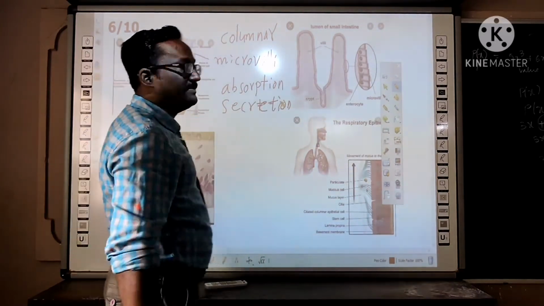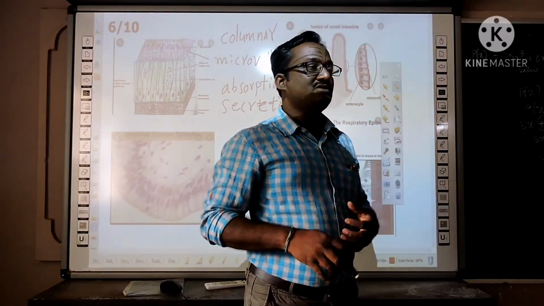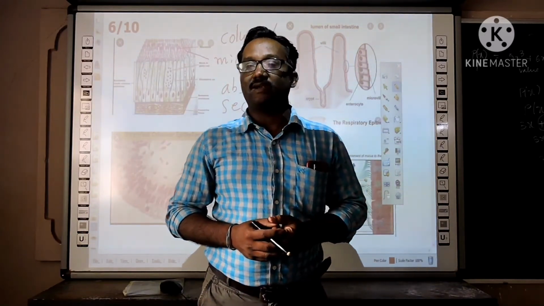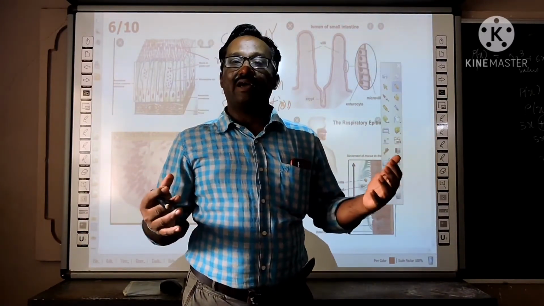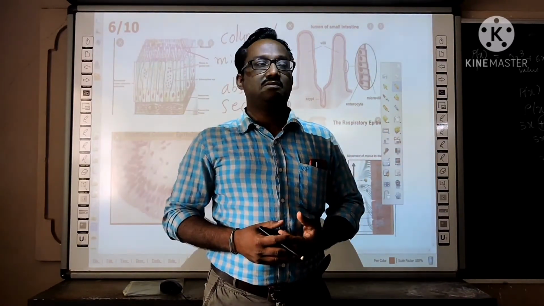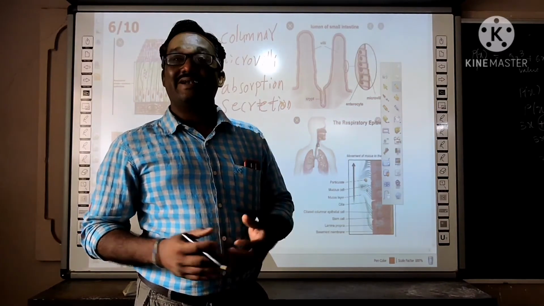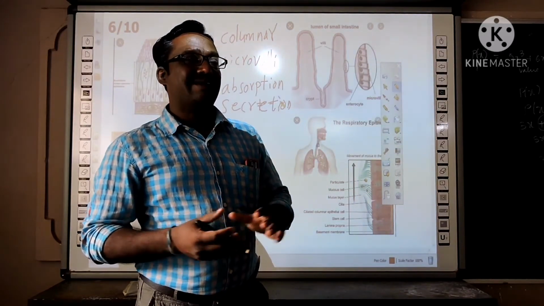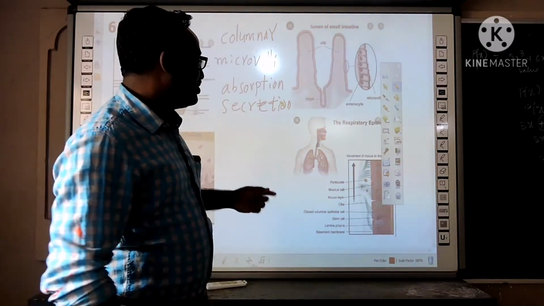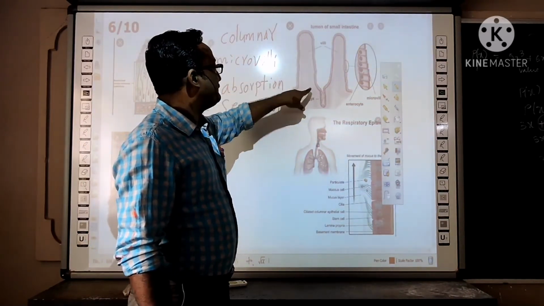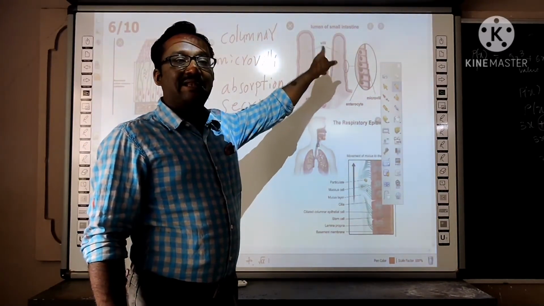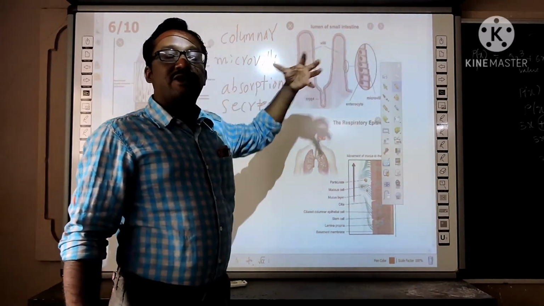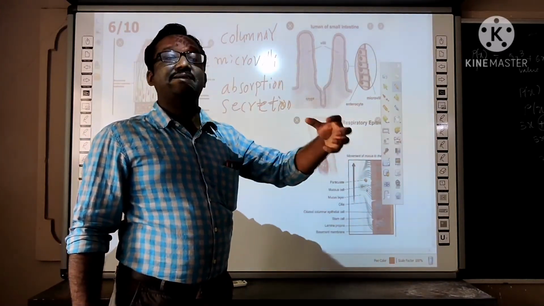So absorption means one thing I will say. When you eat food, it is digested in the stomach and later in the small intestine and large intestine. What happens after digestion? The digested food is absorbed into the blood. This absorption takes place in the small intestine through finger-like structures called villi, V-I-L-L-I. Through these villi, the absorption of food or nutrients takes place into the blood.